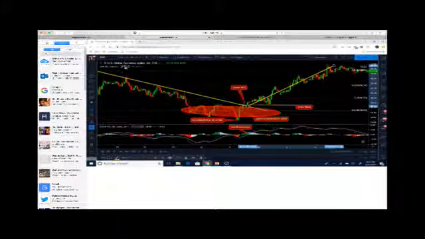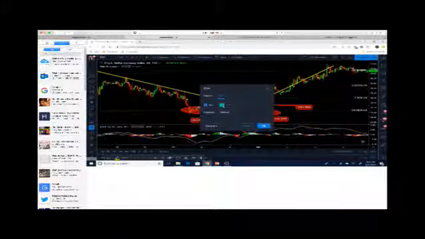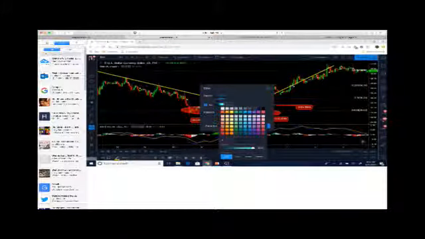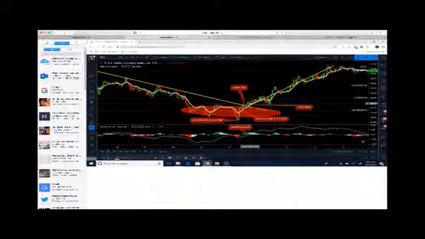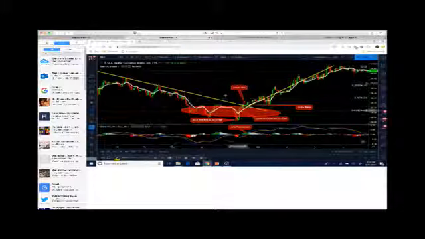And this wasn't even factoring in my EMA, right? If I wanted to take it a step further, I put my EMA in this, and then I wait for price to get above my moving average. Now, I got multiple confluence, multiple confirmations.